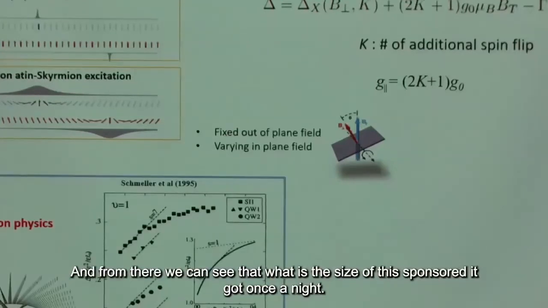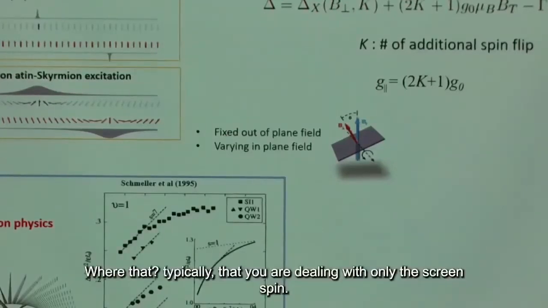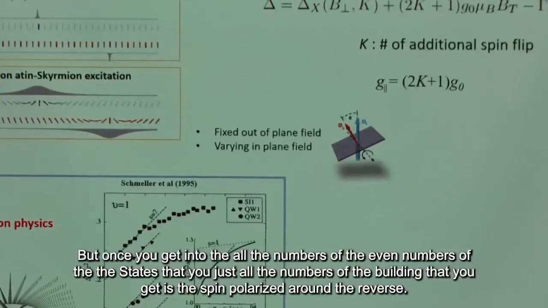In gallium arsenide, a single layer, you deal with only the spin. But once you get into odd numbers of filling, you get spin polarized Landau levels, and there you do the experiments.